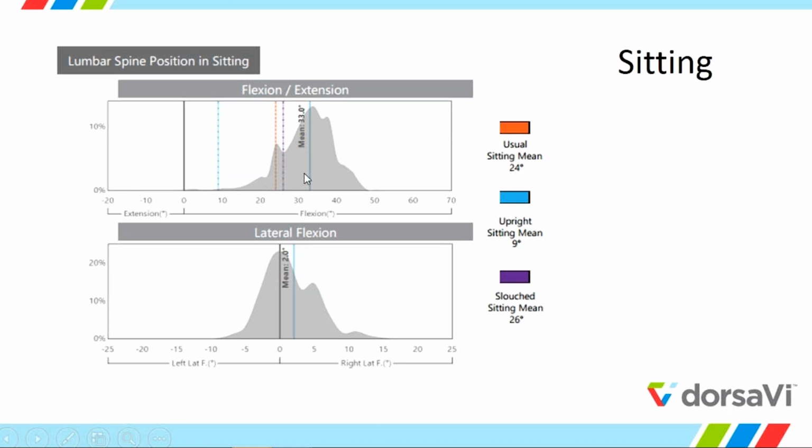You can see that they tended to sit in even more slouch. Their gray line is even to the right of the purple. So their slouched position when we tested them was 26 degrees, but they tended to be here, 33 degrees of flexion in their sitting position. So the test was not actually their actual sitting position. Hugely telling.